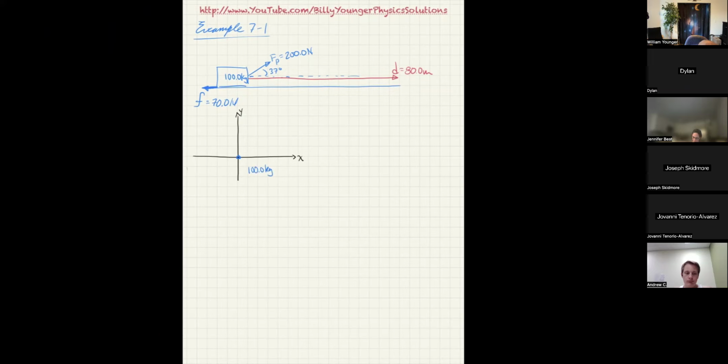Now I have acting on that mass a positive force acting upward. That's what we call our normal force, Fn. And then I have a negative force acting downward, and that is mg, which is obviously 100 times 9.8. That's 980 newtons.